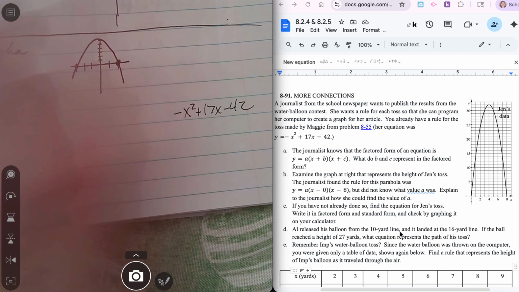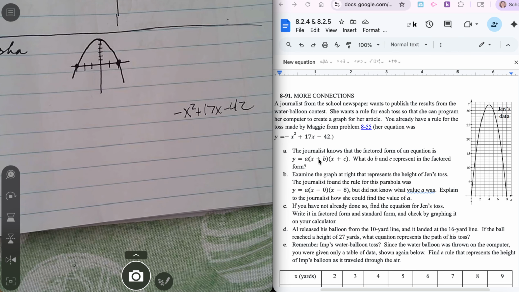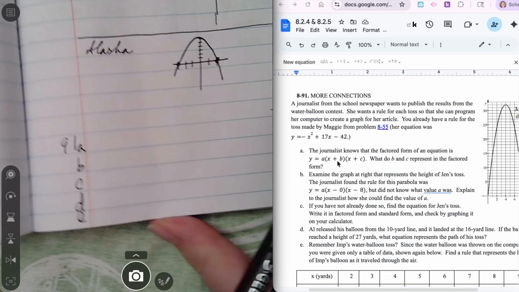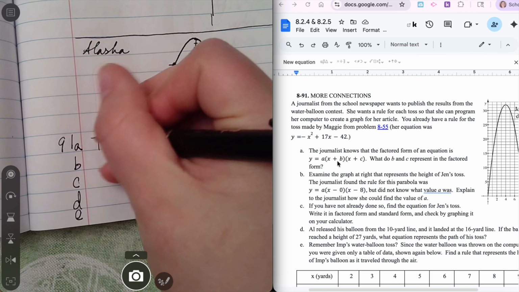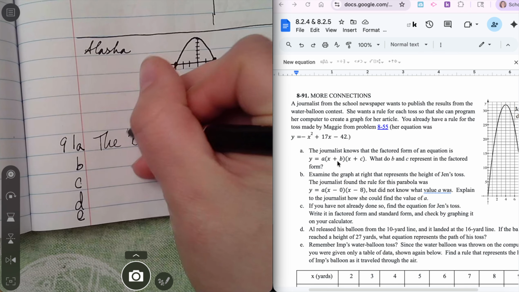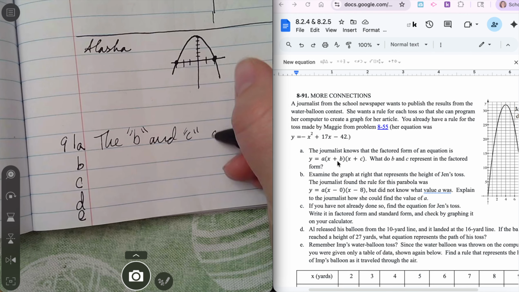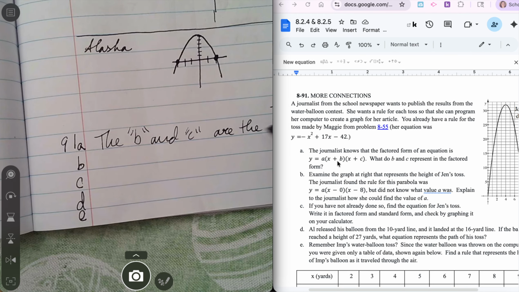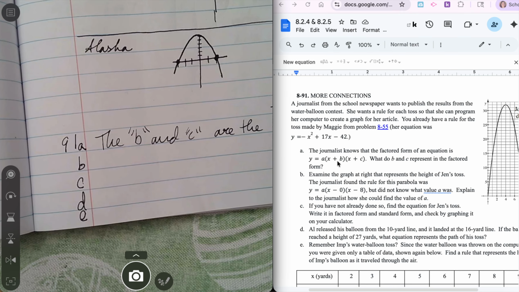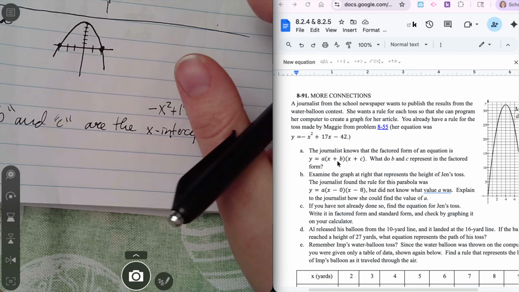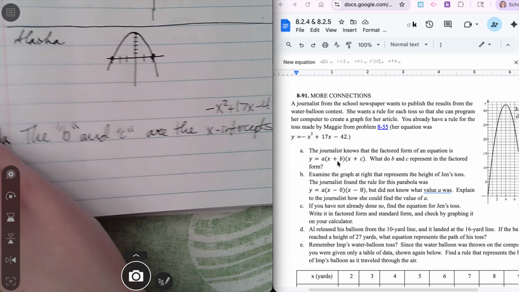So what they're trying to get us to notice here is that this (x plus b)(x plus c) setup is representing our x-intercepts. So the b and c are the x-intercepts of the graph.